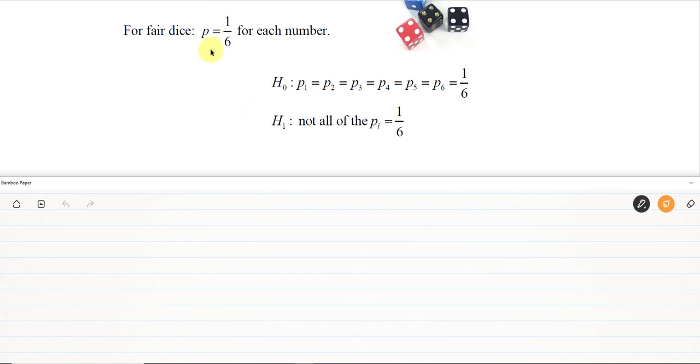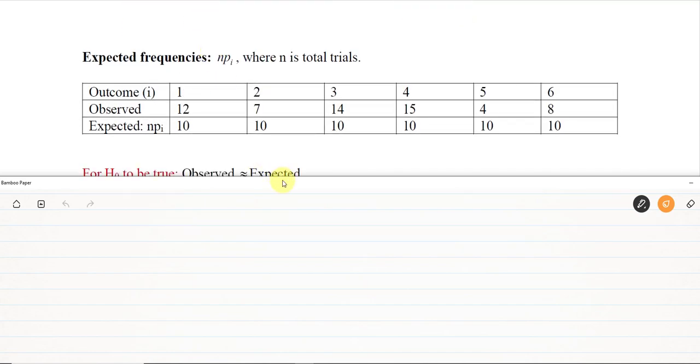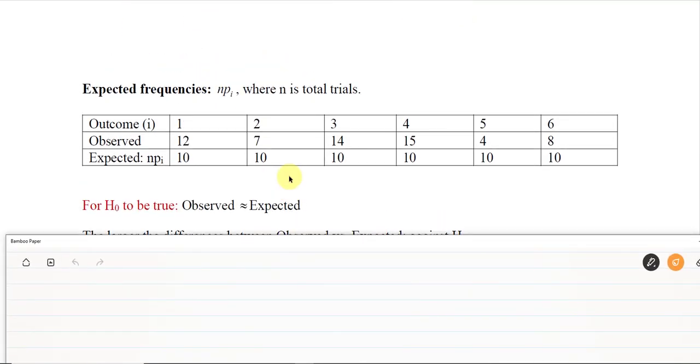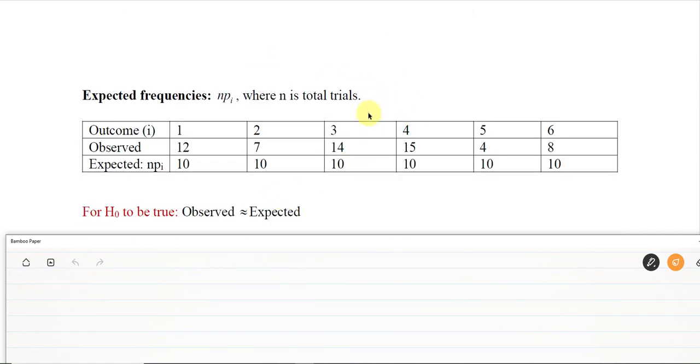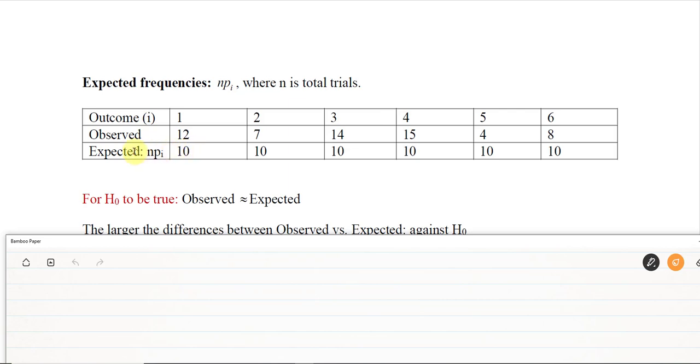And 1 over 6 multiplied by n, in this case n is 60 because there are 60 trials. So 60 times 1 over 6 is 10. So 10 is the expected value for all of the outcomes 1, 2, 3, 4, 5, and 6.